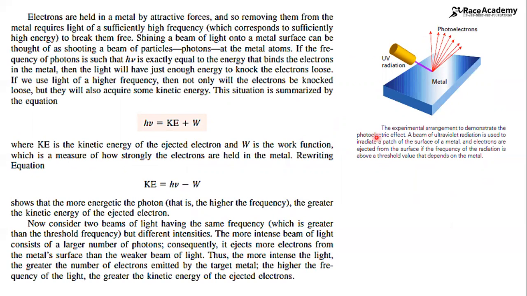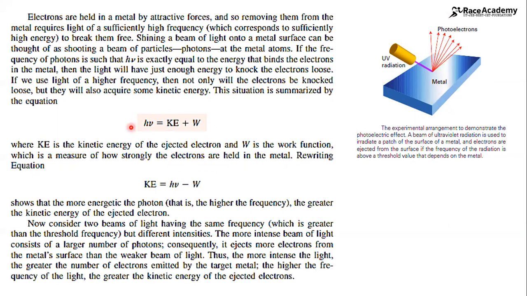A beam of ultraviolet radiation is used to irradiate the surface of a metal, such as an alkali metal, and photoelectrons are ejected from the surface. If the frequency of radiation is above a threshold value, which depends upon the metal, electrons come out of the metal surface.